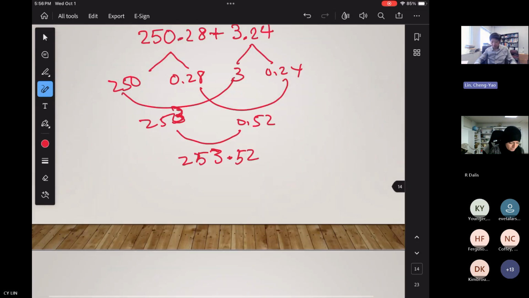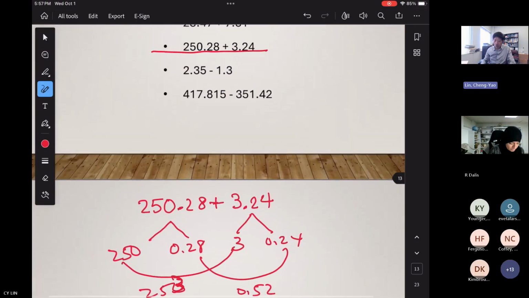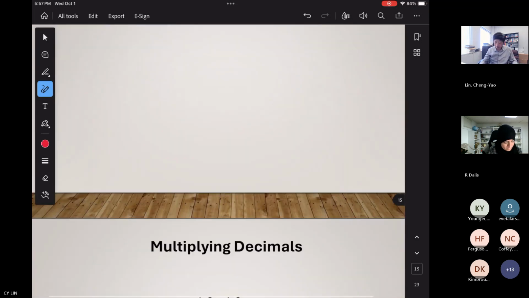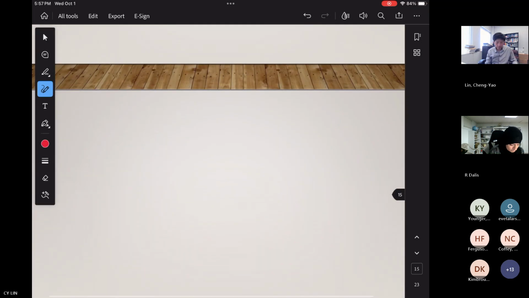Now, what about, can we do this way for the subtraction? Yes. Again, for subtraction we can have a general learner, and what's the method one for the general learner? 2.53 minus 1.3.